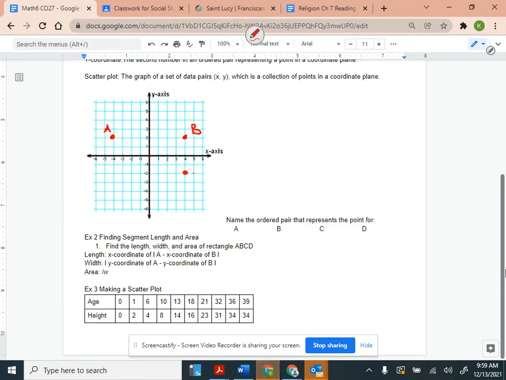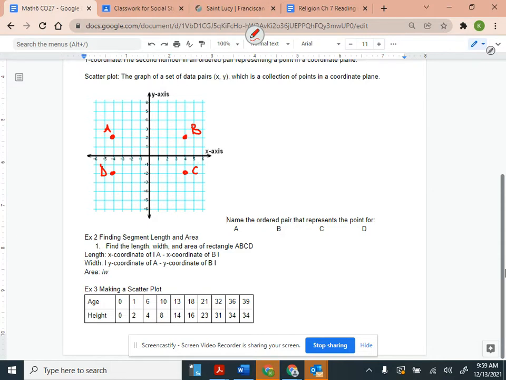Oops. C is here. And D is going to be here. So the first thing we want to do is find out our coordinates.